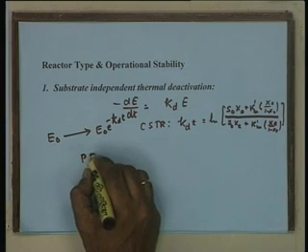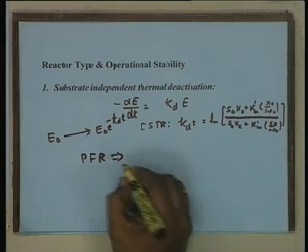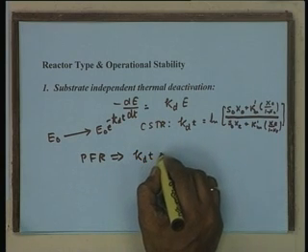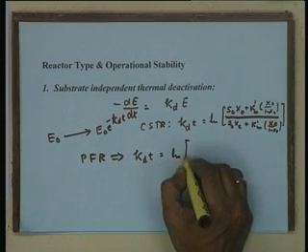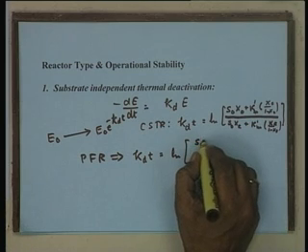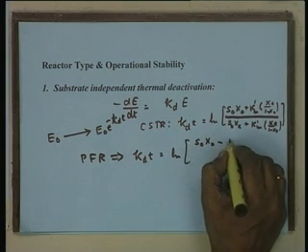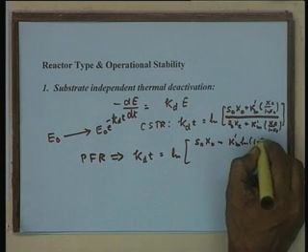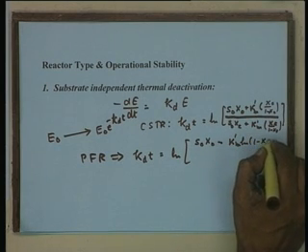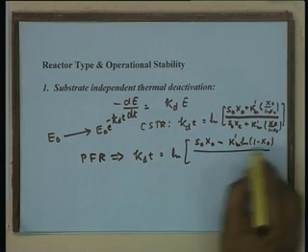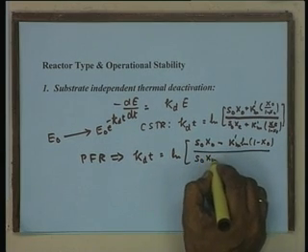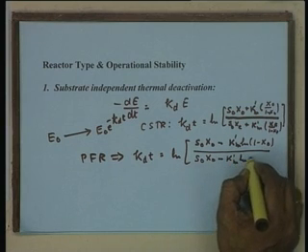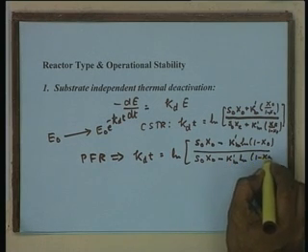On the other hand, in the case of a PFR, the corresponding relationship is kd into t equal to ln of S0 x0 minus k dash m ln 1 minus x0, upon S0 xt minus k dash m ln 1 minus xt.